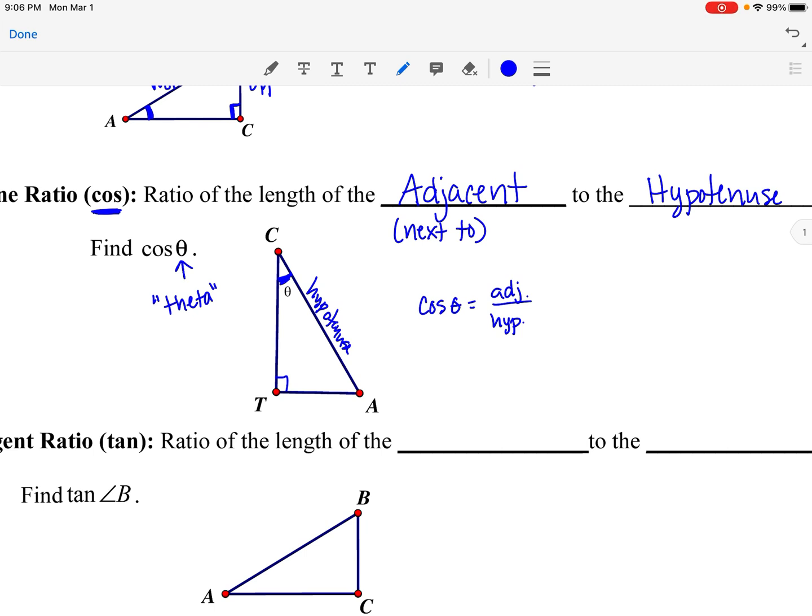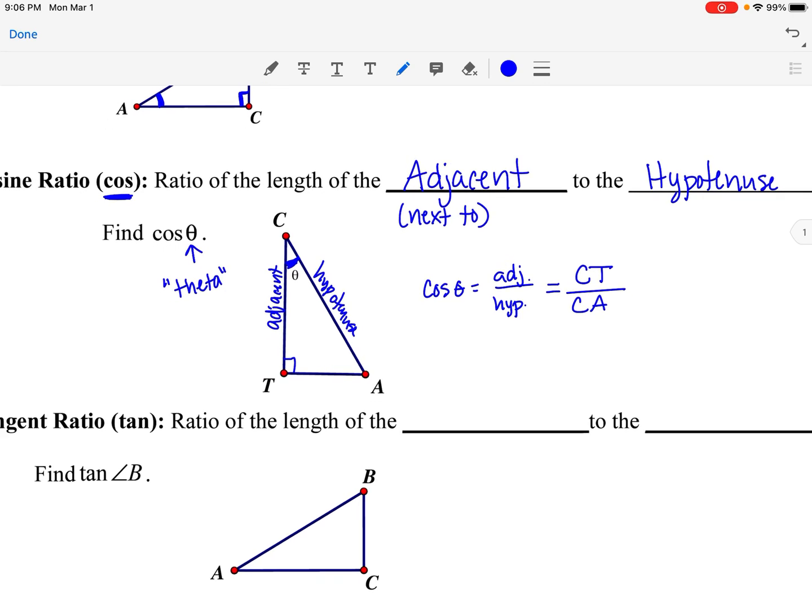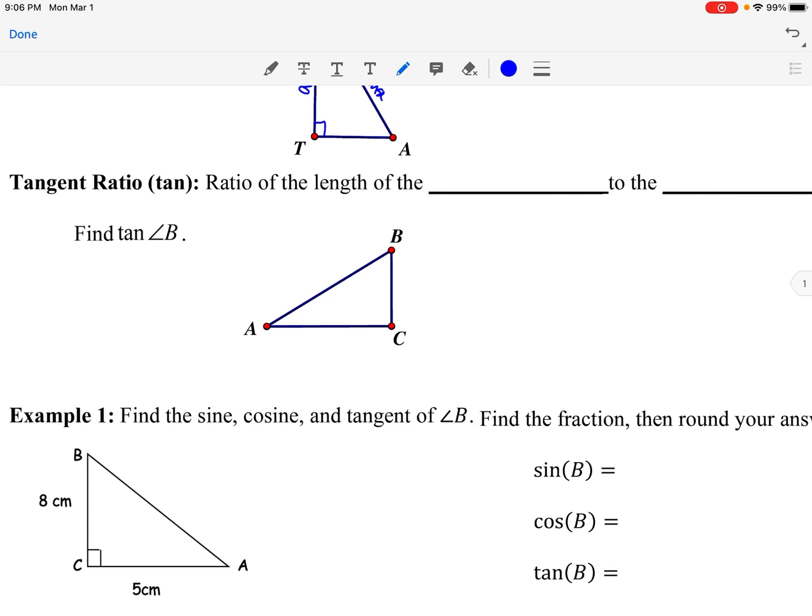The adjacent side is the side that's next to my focus angle, so that's going to be this one, because the other available side is not anywhere close to that angle. So when I fill out the cosine of theta, my adjacent side is CT, and the hypotenuse is CA. You're just making a fraction out of it. That's all we're doing so far, setting up this ratio.